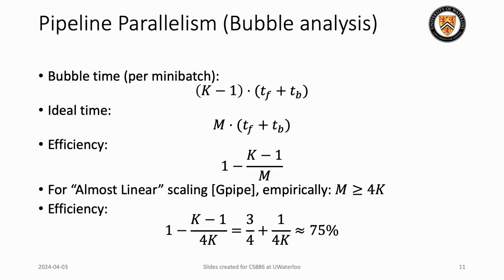Ideally, we want to be using M, the number of micro batches. So the ideal time is M times (TF plus TB).